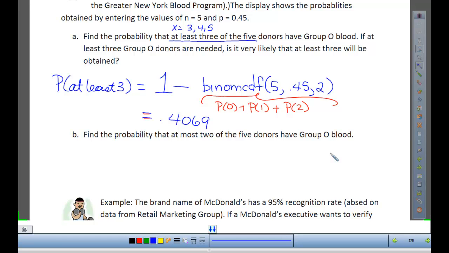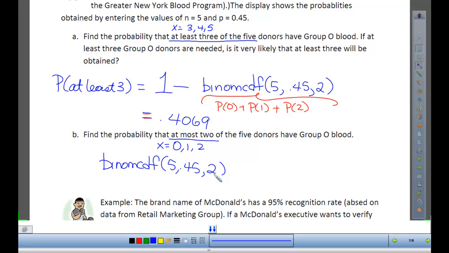What does at most 2 include? 0, 1, and 2. And so we can get those probabilities added up together just by doing what? Binom CDF 5, 0.45 and what? 2. Okay, we want 0 up to 2.